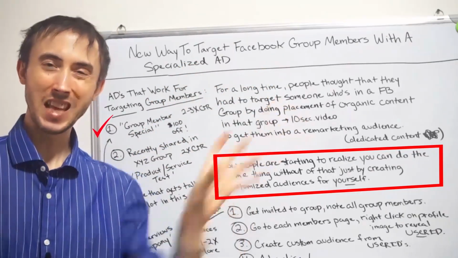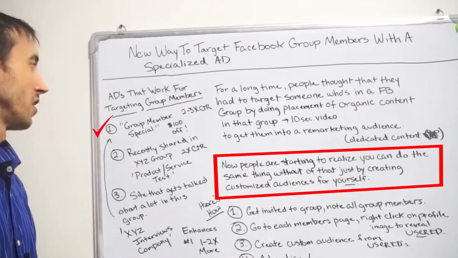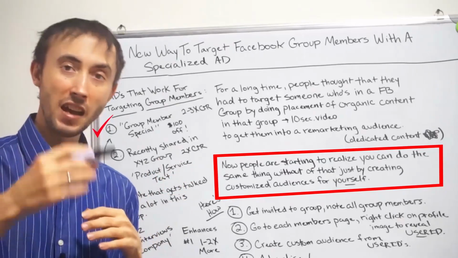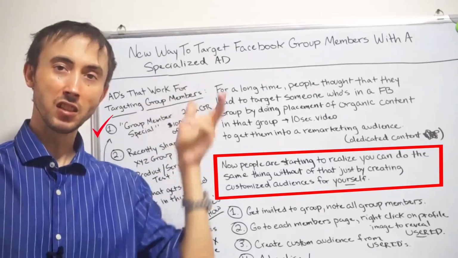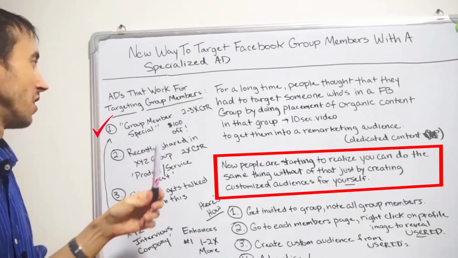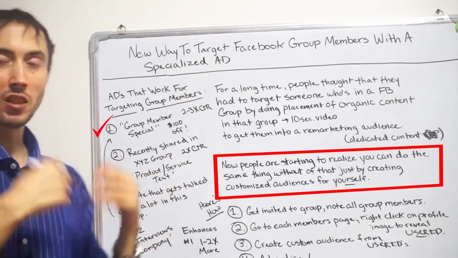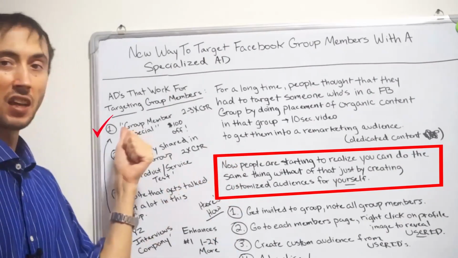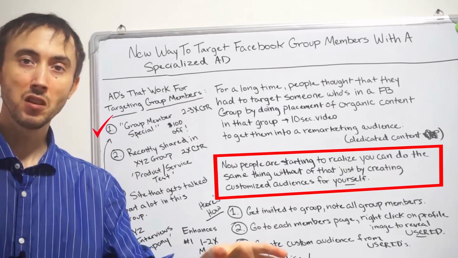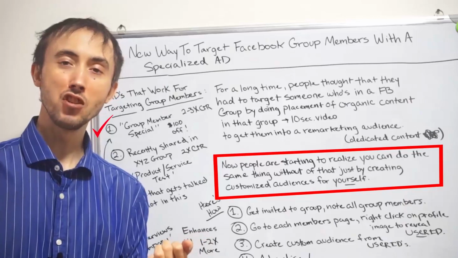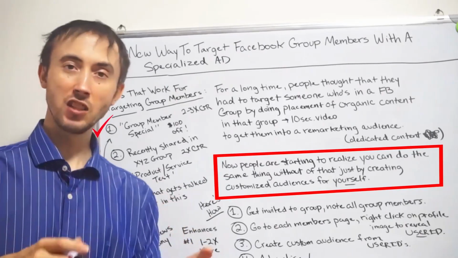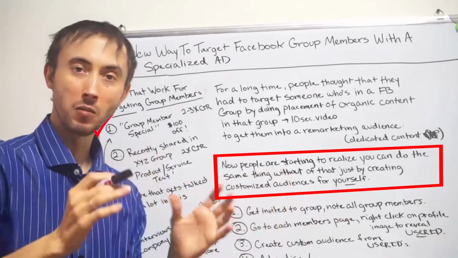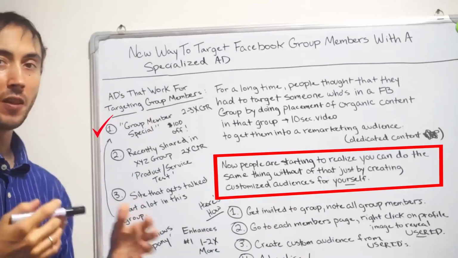So for each group, you just change the headline slightly. And I would recommend a little look and feel of what the group looks like in terms of the header image, so that it immediately registers that this is from this group, even though it's not technically. And so that gets your click-through rate up. Like I said, you can go from a 400% ROI to 1,000% ROI by, first of all, just targeting group members, because those people are a lot more likely in general to buy, because they're passionate about whatever it is they're doing, or they're in a mode of I have to get information about this right now because I have to take what I'm doing seriously.